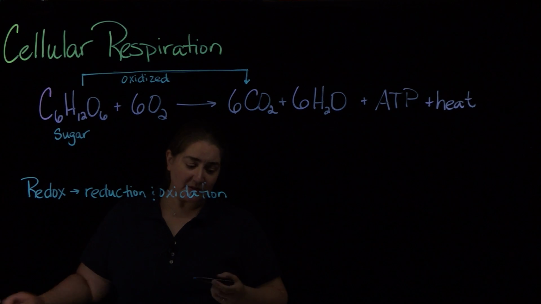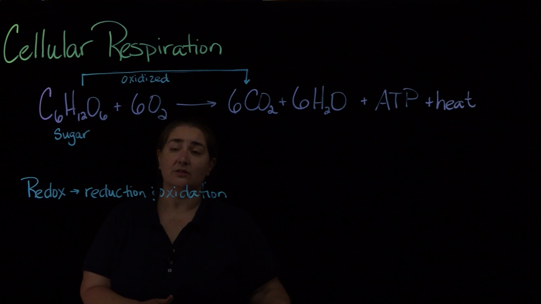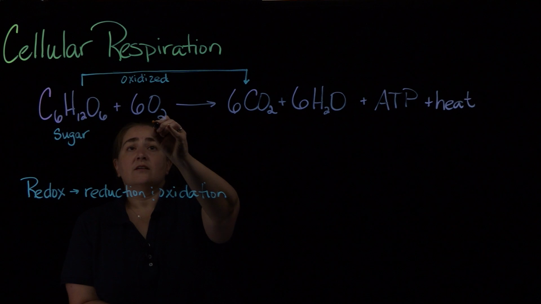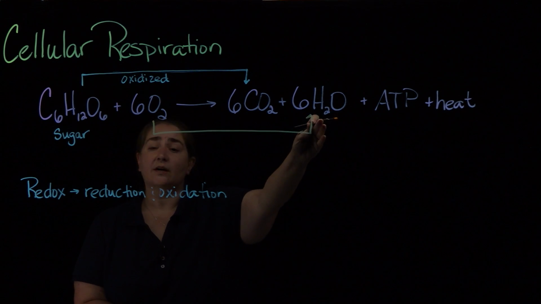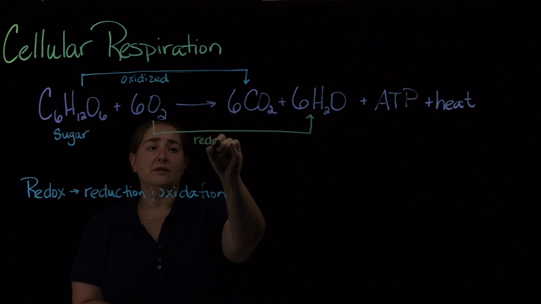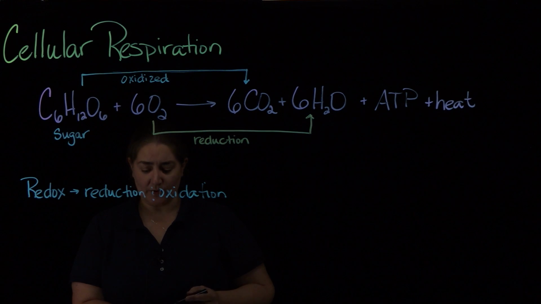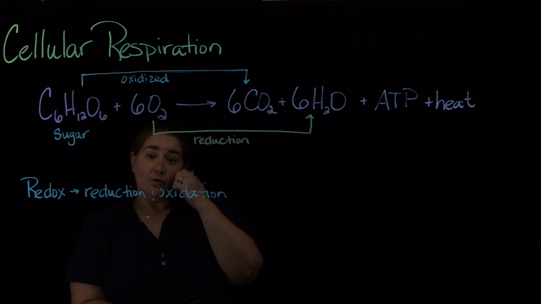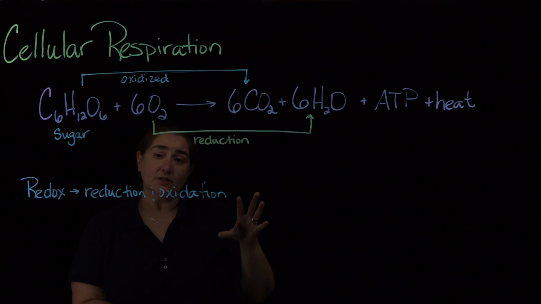This is where sometimes students get a little turned around with redox reactions, because our oxygen then is going to pick up those hydrogens, and this is going to be the reduction portion of our redox reaction. So what you're following here is the movement of those hydrogens.